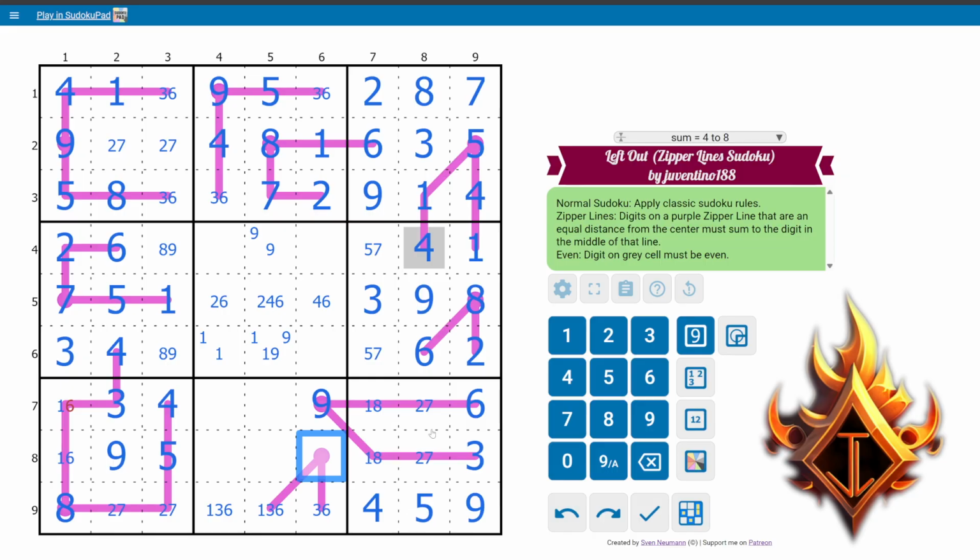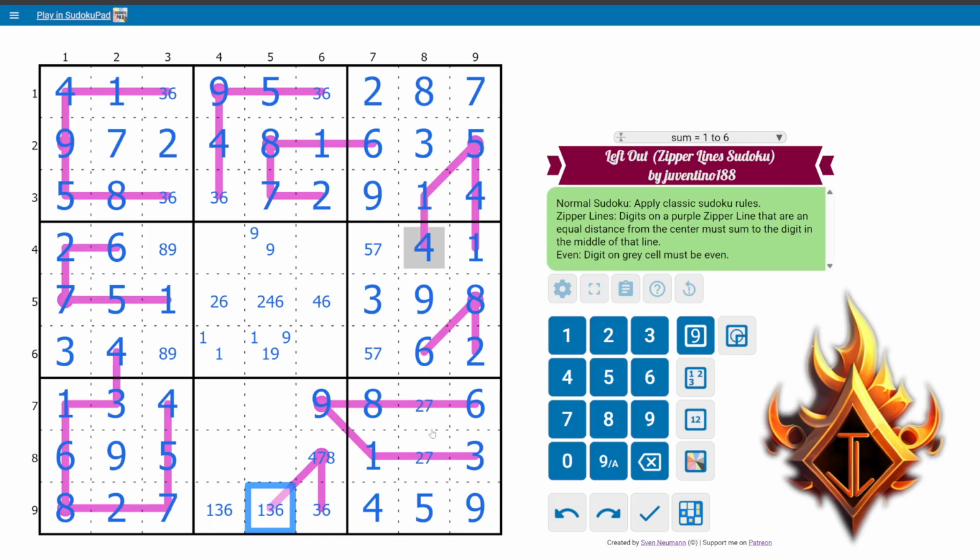Okay. What is this now? Actually, there's some left here. It's 4, 7, or 8.